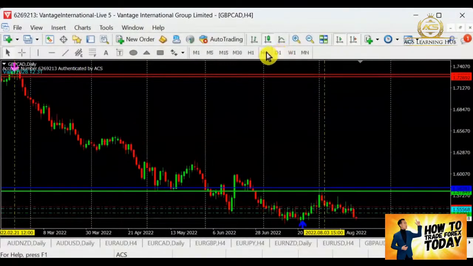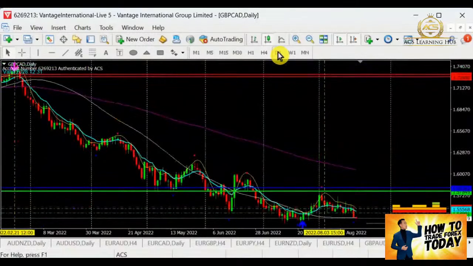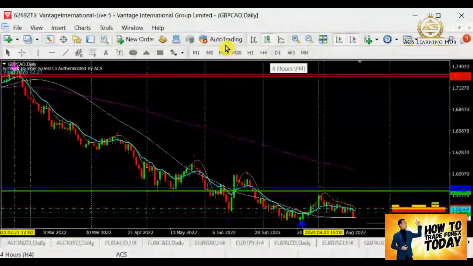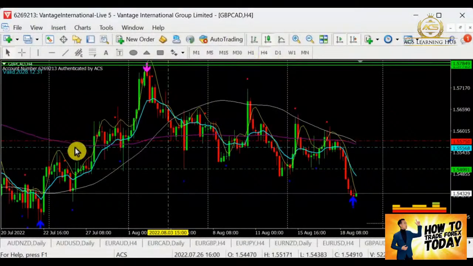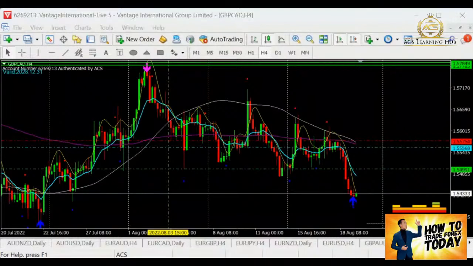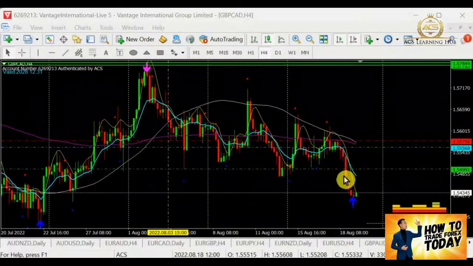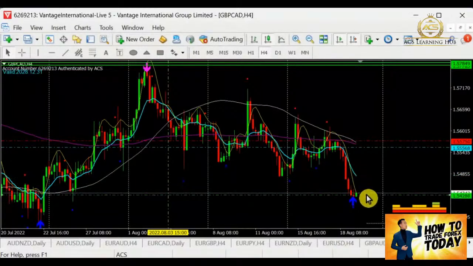Right, Pound CAD. How about Pound CAD? Pound CAD, we are in the bear. Same thing, it has actually shrunk down because of the news yesterday. Tentatively, I will say that for Pound CAD, it is not very ideal to continue the selling because we are on the support.